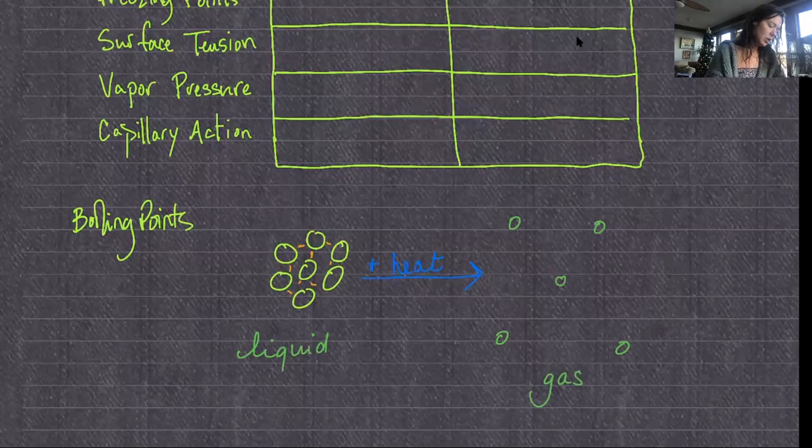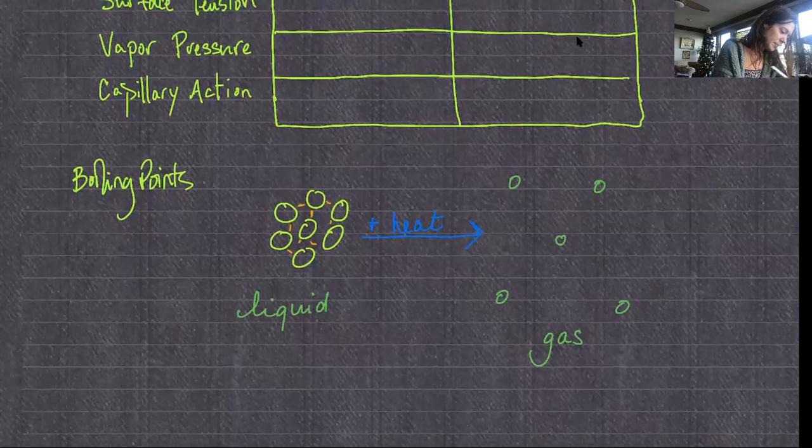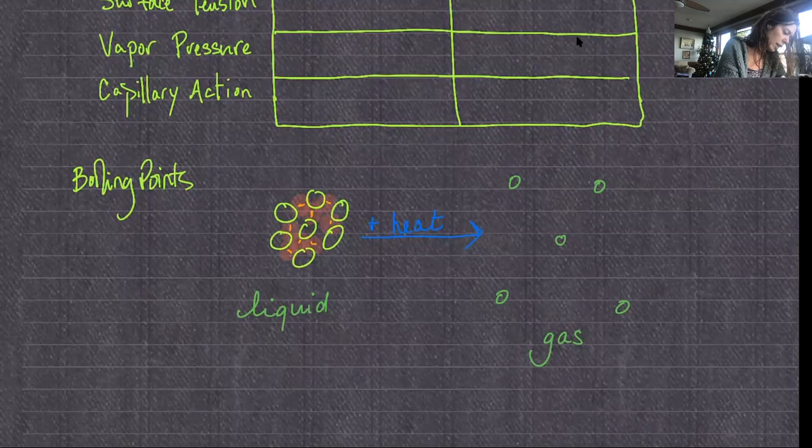All right. Well, let's think about it. In order to boil this, the energy must overcome these forces of attraction, right? To boil, all forces of attraction must be overcome, right?